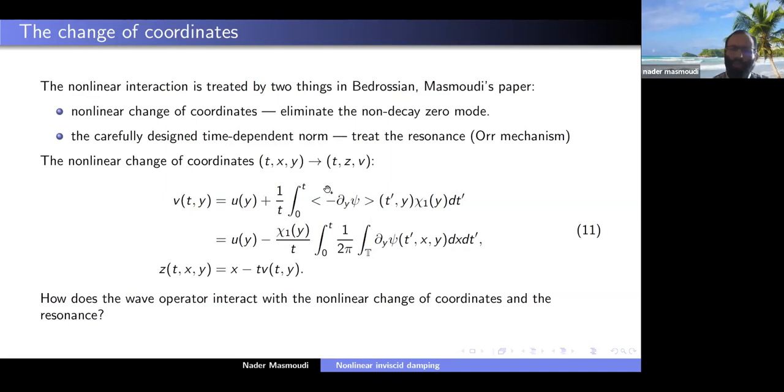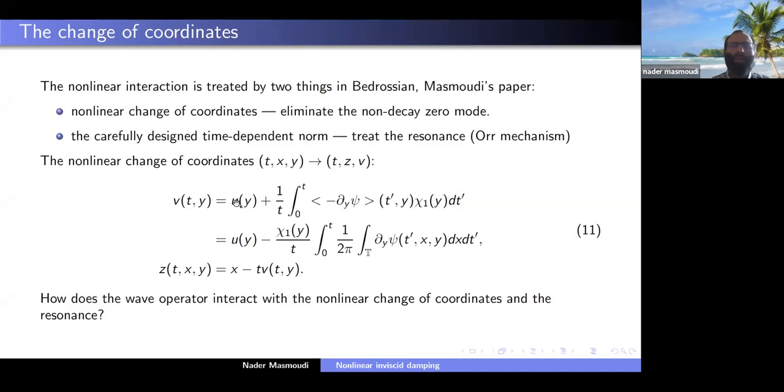I have to correct by the zero mode of the velocity. This is the notation for the average on the torus. This guy doesn't decay well enough, and that's why we have to correct by it.